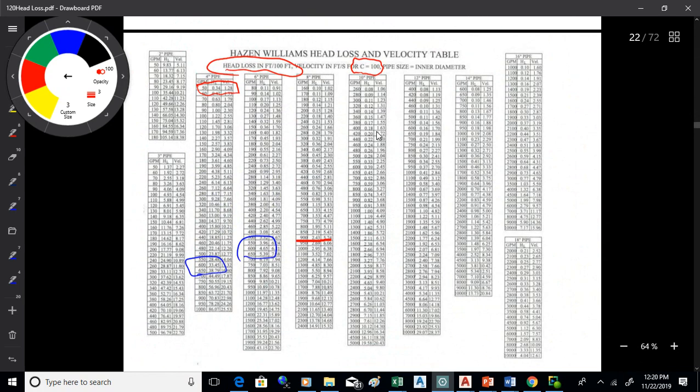All right, so what we've got on this one is 4-inch pipe, 200 gallons per minute. So you just go over to the 4-inch pipe column and look at 200 gallons per minute. There it is. So it looks like 4.38. That's on page 108. So 200 gallons per minute, 4-inch pipe, 4.38.